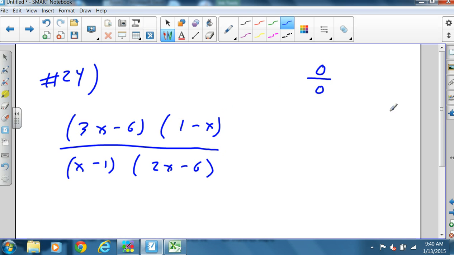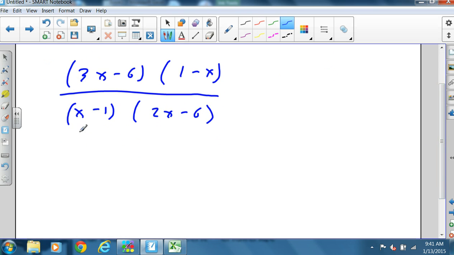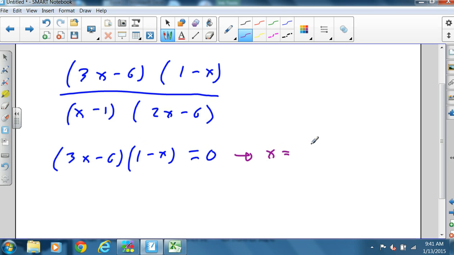So if the top were 0, if 3x minus 6 times 1 minus x were 0, then x can be 1, when this is 1 then this is 0, and x can be 2. Then I look at the bottom and I see x minus 1 times 2x minus 6 is 0.